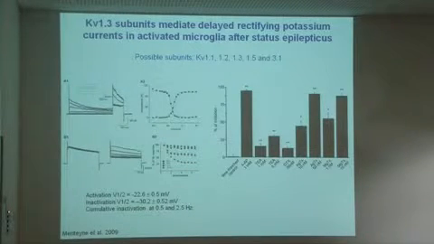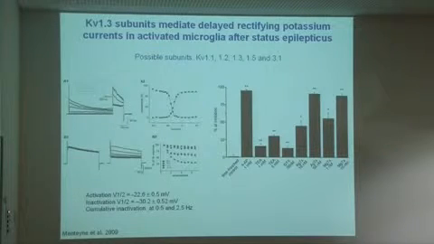Then we did some pharmacology. The current is fully abolished with 4-AP. It's a little bit inhibited, but not that much, with a high concentration of TEA. It's not affected, or just a little bit, by dendrotoxin, but it can be inhibited by high doses of agitoxin and low doses of margatoxin.